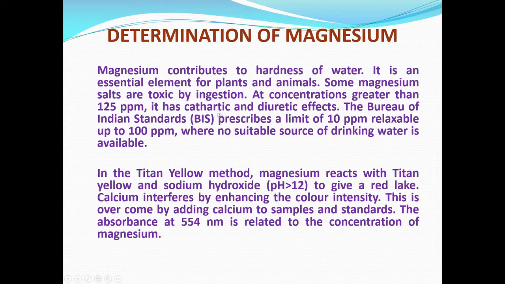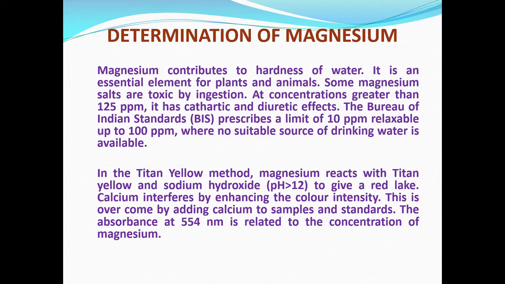Okay. So, the Bureau of Indian Standards prescribes a limit of 10 ppm, relaxable up to 100 ppm where no suitable source of drinking water is available. So, we are presenting you here the Titan yellow method, where magnesium reacts with Titan yellow and sodium hydroxide above pH 12, which gives a red lake.